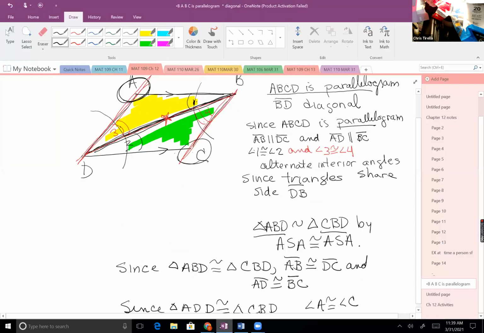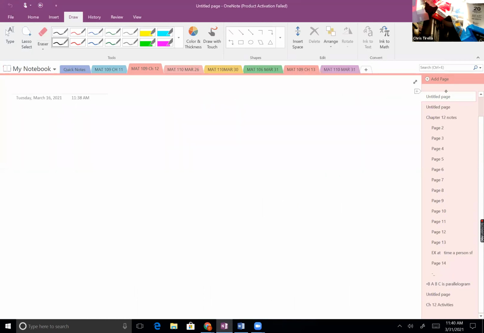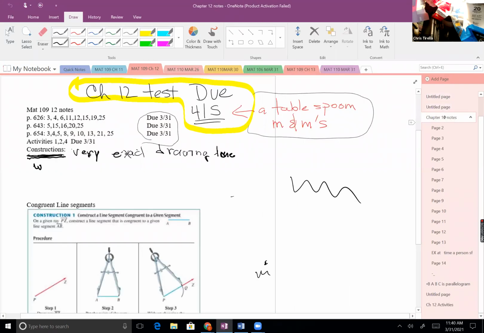Initially I had uploaded the outline for chapter 13 notes, but obviously I don't think we have enough time left to start chapter 13. So I'm going to go back up here to this beginning of chapter 12 notes. Your chapter 12 homework is due today, as are the activities.